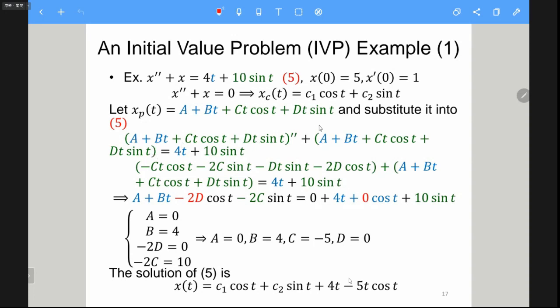On the right side we have 0 plus 4t plus 0 cosine of t plus 10 sine t. Then we can compare the coefficients. We have a equals 0, b equals 4, negative 2d equals 0, negative 2c equals 10.